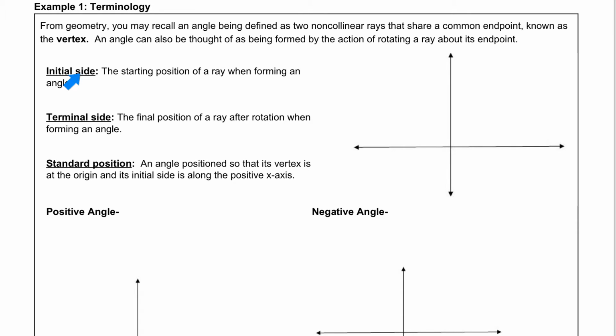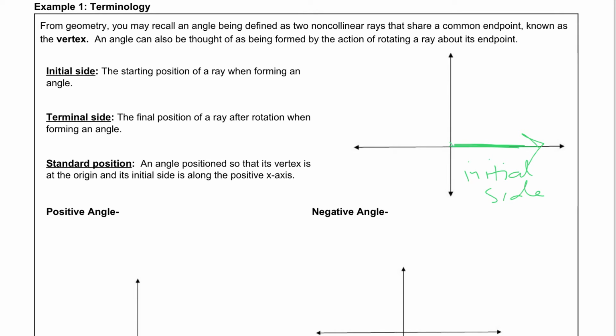So with that, we have an initial side, a terminal side, and what we call standard position. Standard position means that the angle is going to be positioned so that its vertex is at the origin. Our initial side is always going to be at the positive direction of the x-axis. So this right here is what we would call the initial side.